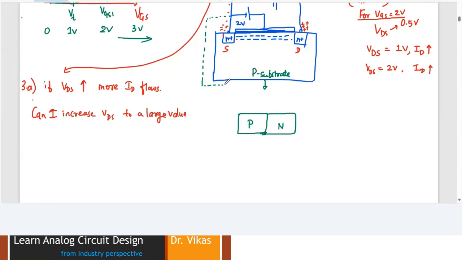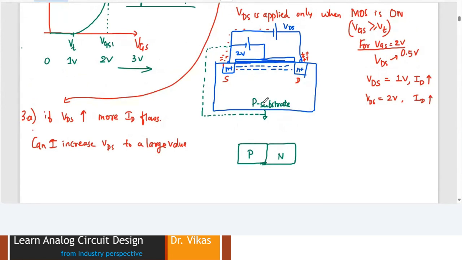And here, which is my lowest potential? My lowest potential is -2 volt. That means in one way or another, the P substrate should be connected to the source. Now, why it has to be connected to the source, and what will happen if I do not connect it to the source, I'll talk about as a separate topic, the body effect.